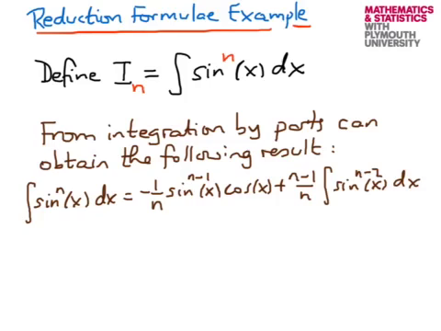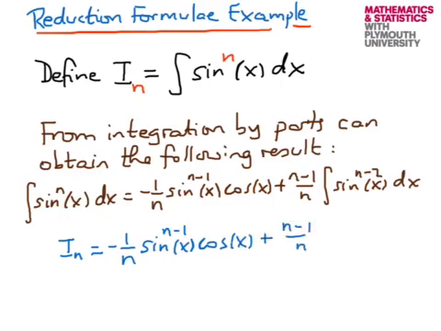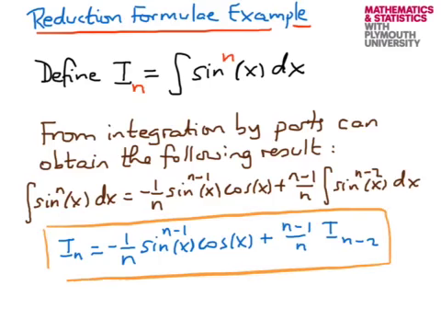I can say that I sub n, that is the integral I have here, is equal to minus 1 over n sine to the power n minus 1 of x multiplied by the cosine of x plus n minus 1 over n times I sub n minus 2. And this is what I call a reduction formula.